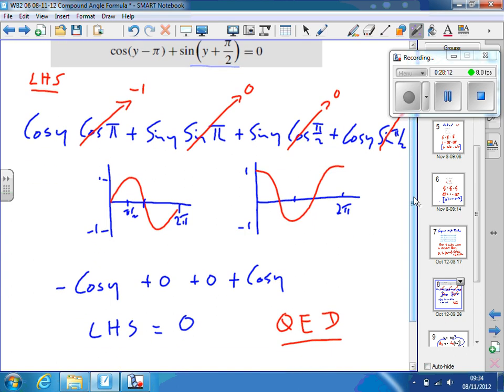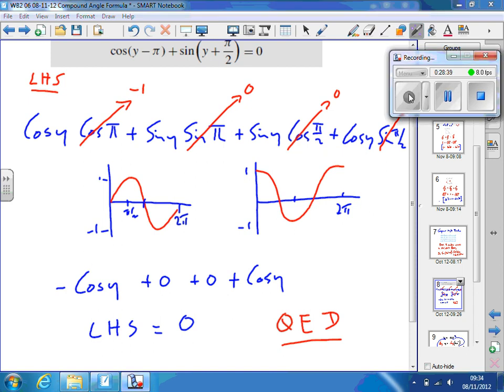And then we work out what we can. We can work out what the cosine of pi is, either by using a calculator or by remembering what the sine and cosine waves look like. So we can then go through and see that actually the second and third terms are 0, and the first and third terms give minus cos y plus cos y. So therefore the left-hand side is 0, and we proved it.